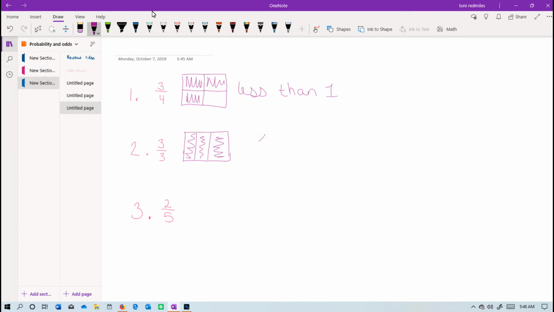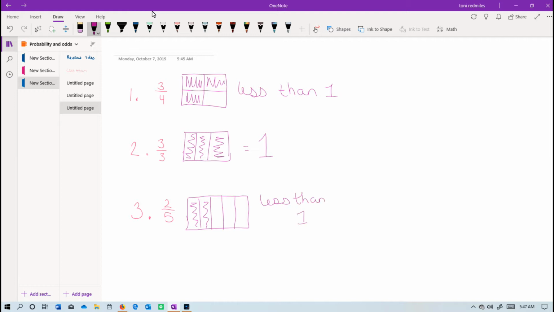This one is 1. Now, this one, we have 5 spaces. Two of them are colored in. It's still less than 1. It doesn't color in the whole thing.